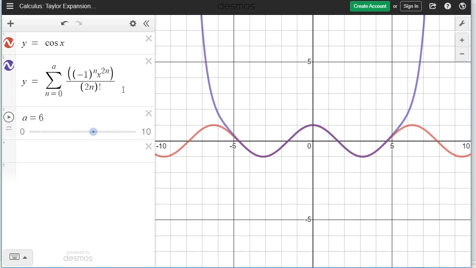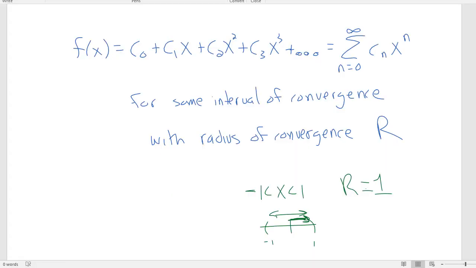If we look at the series for 1 over 1 minus x, we see that same type of behavior. That's because the series was centered at x equals 0. Now when we look at this generic form, that's what we really have: x minus 0 to the first power, x minus 0 squared, x minus 0 cubed, and in general, x minus 0 to the n.